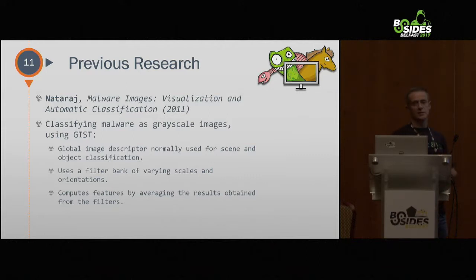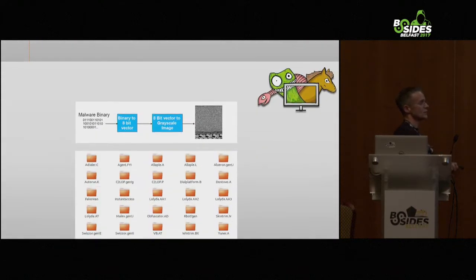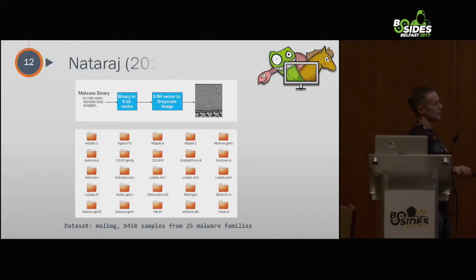That's then used to classify the file. He devised a data set of about 9,500 samples from 25 malware families called the Mal-image dataset. They varied from straightforward code reordering, and some had obfuscation in there as well. Most of them were slight variations of each other.